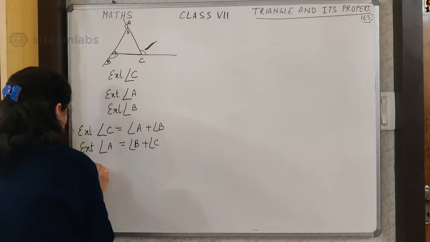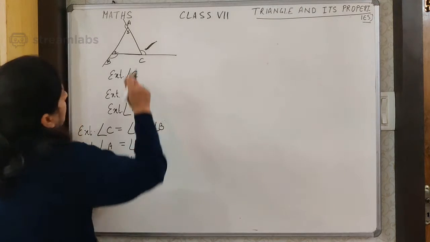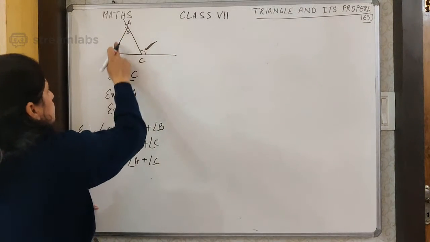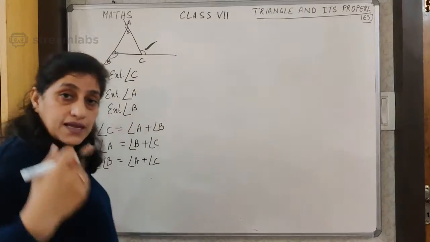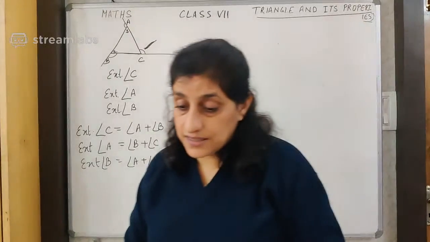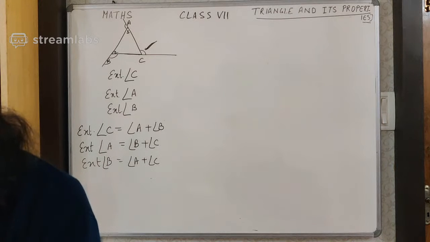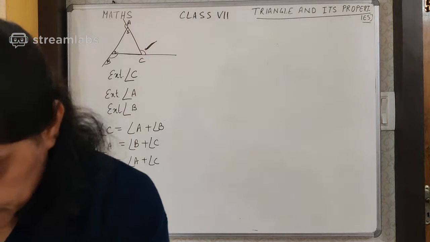Similarly, for angle B as well, it will be equal to angle A plus angle C. Whichever exterior angle is there, we add the opposite two angles, and we will get the value of that exterior angle. Okay children, it's a very nice property and we will be using it now in questions of different types.